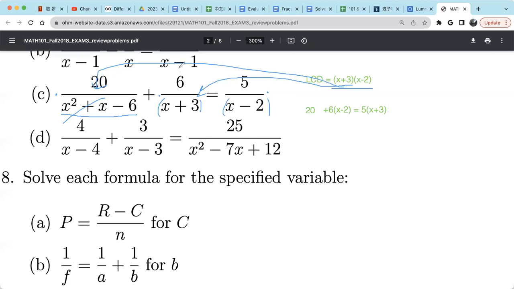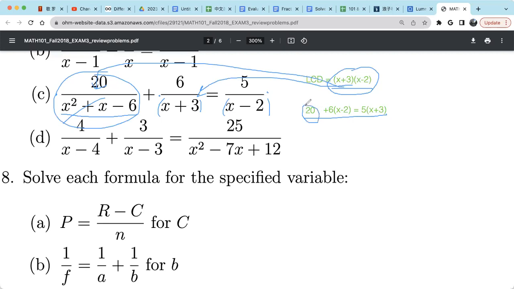So get this. The first term multiplied by this, I only get 20 because the least common denominator cancels the denominator of 20 over x squared plus x minus 6.